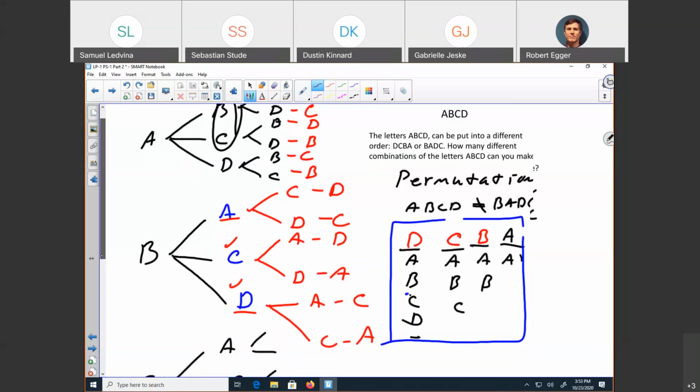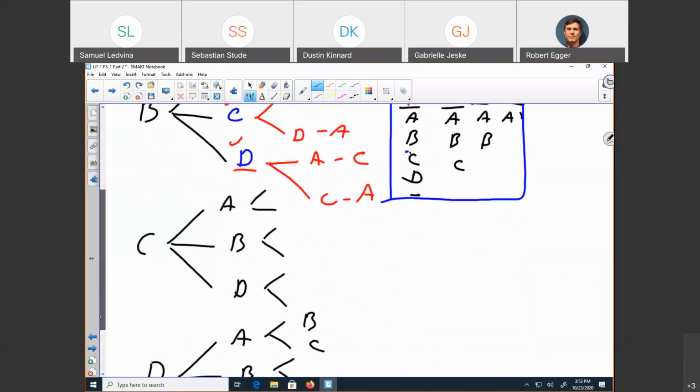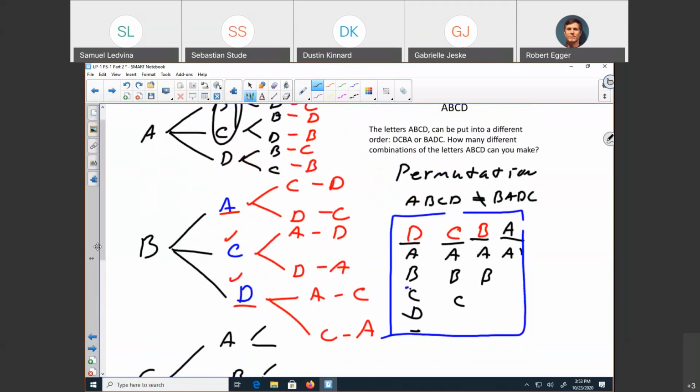So in this case here, I chose B. What's left over? A, C, and D. I chose C. What's left? A or D. I chose A. What's left?